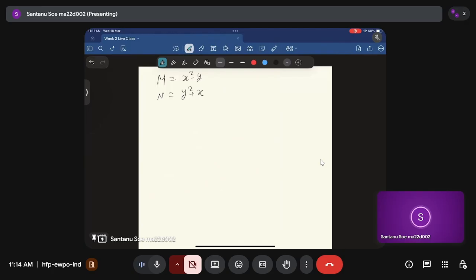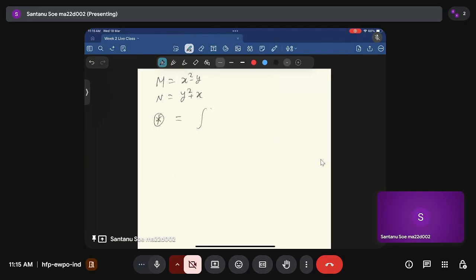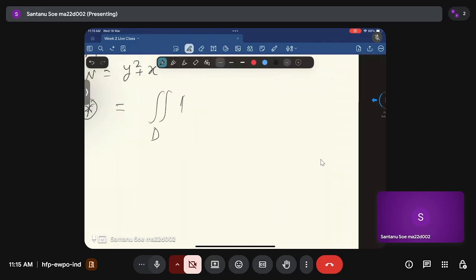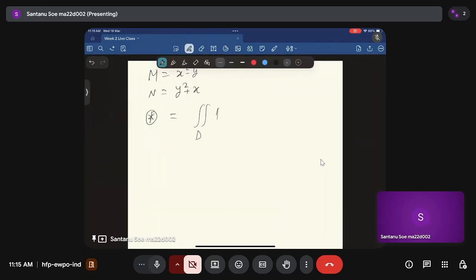By Green's theorem, this star equals the double integral over D of del N del x minus del M del y dA.